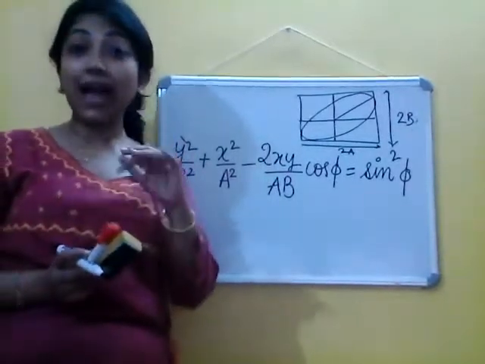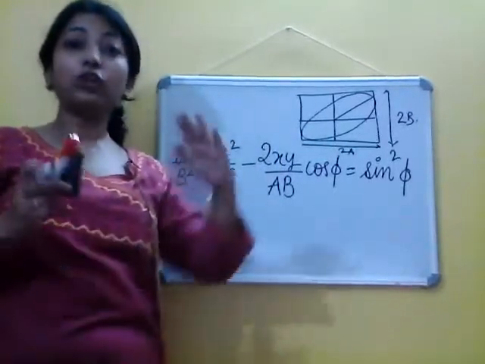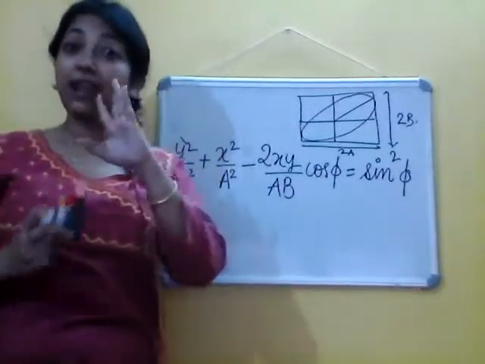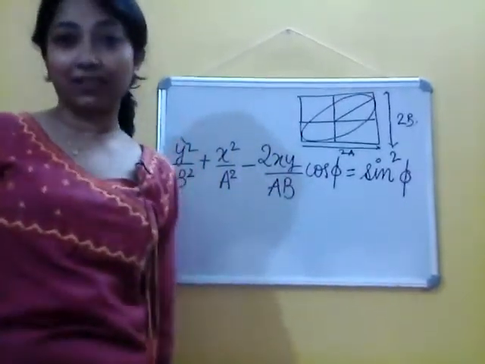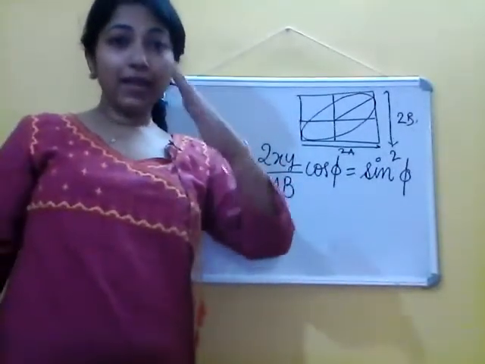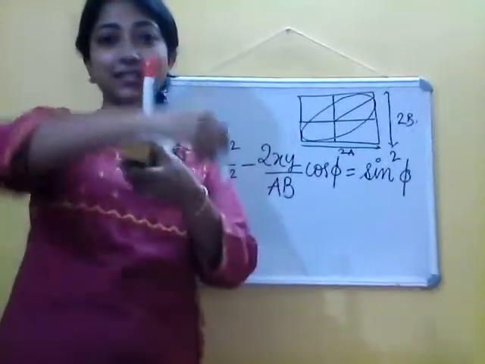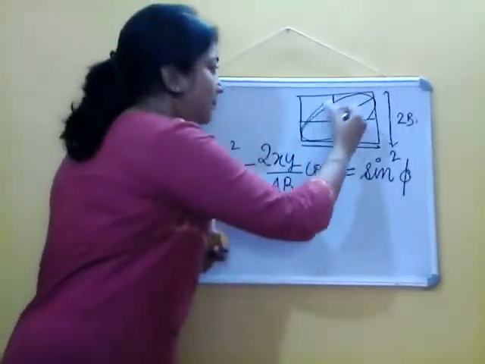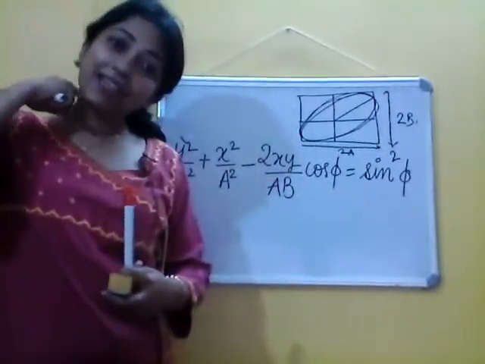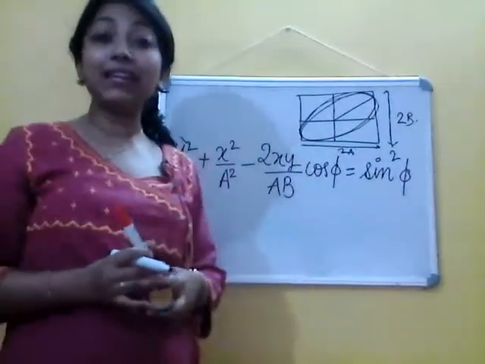Elliptically polarized light actually arises by the combination of two components of two light waves which are mutually perpendicular to each other. And as a result, the electric field vector moves in such a manner that it is as if it is tracing the trajectory of an ellipse. Alright. So this is the physical meaning of elliptically polarized light.